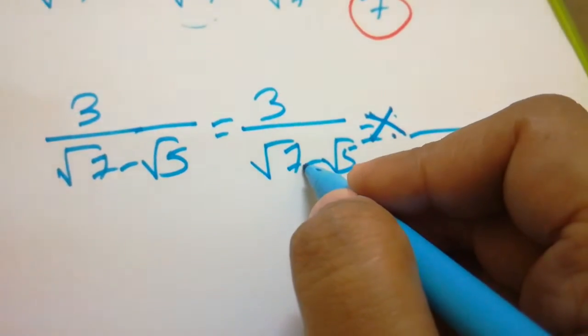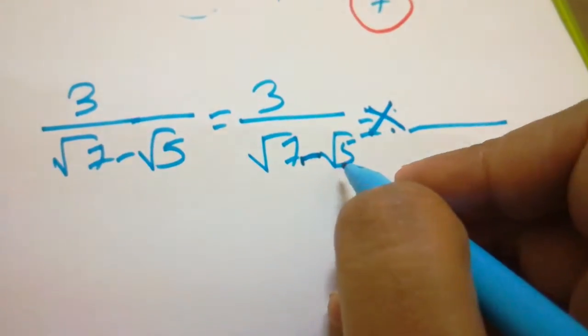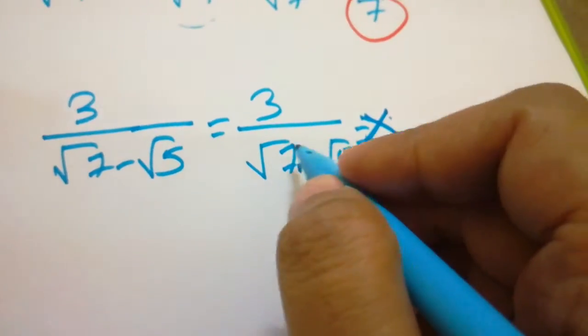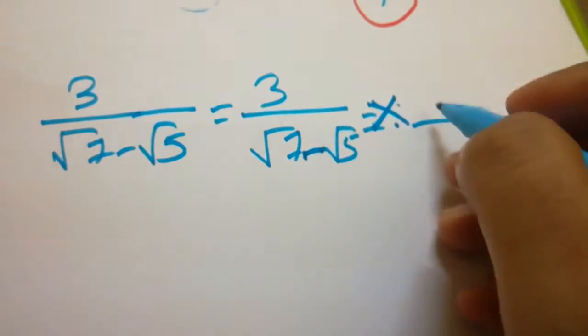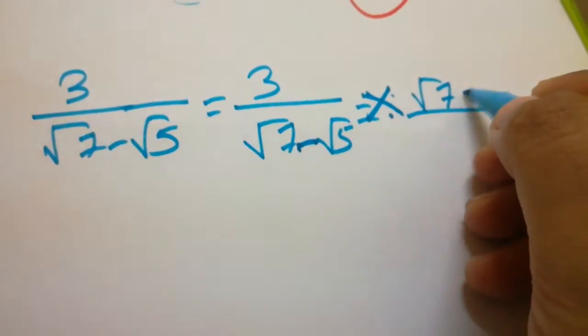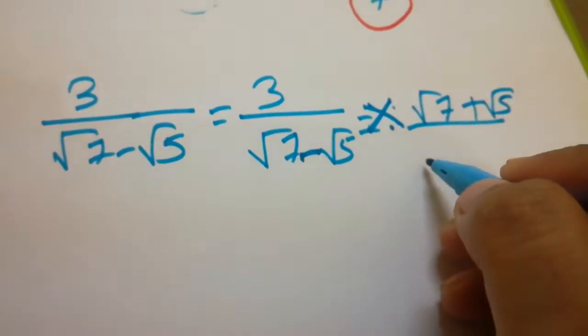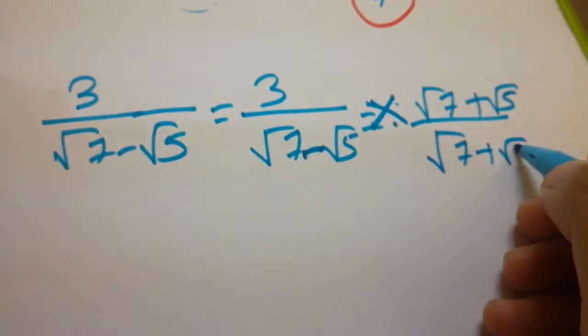Here the term is root 7 minus root 5, and since here is a minus term, we multiply numerator and denominator by root 7 plus root 5.